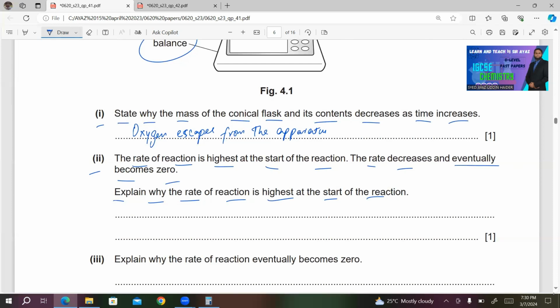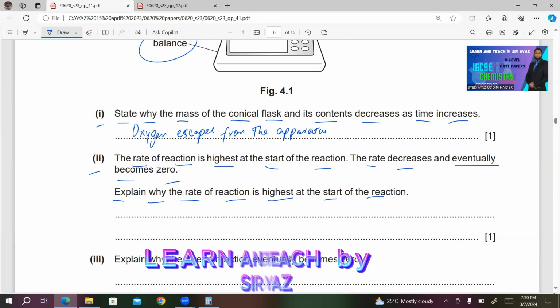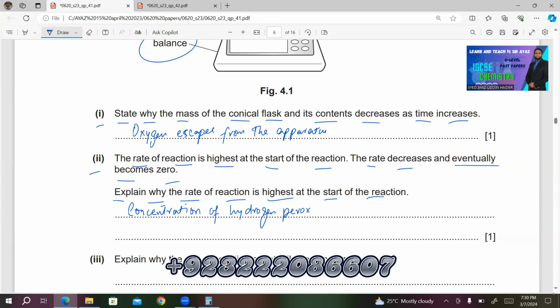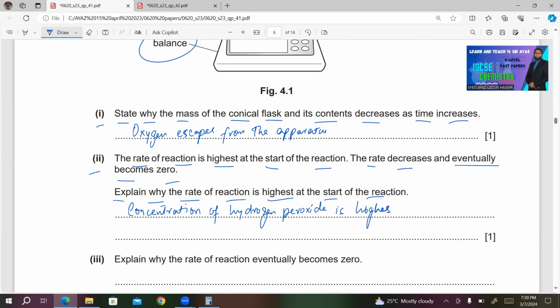This must be the reason. So you write: concentration of hydrogen peroxide is highest at the start of reaction.